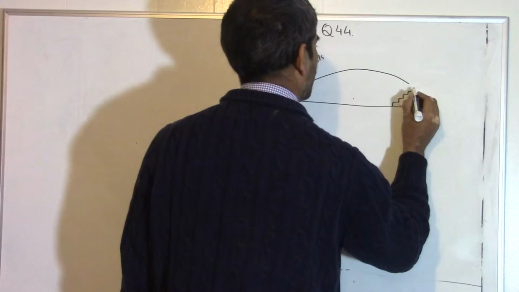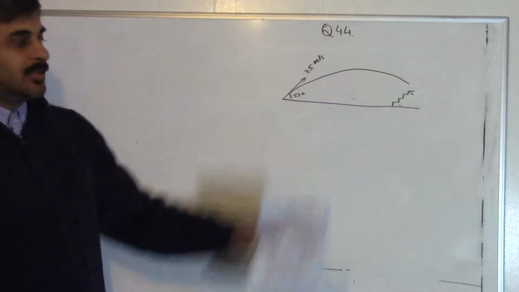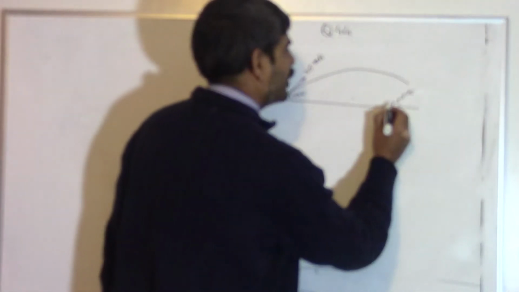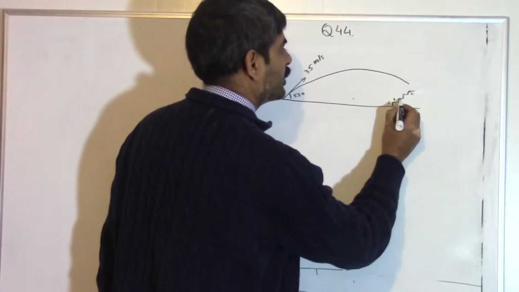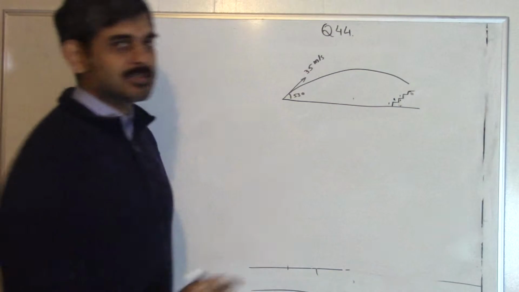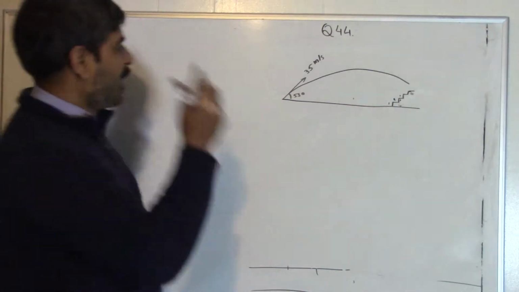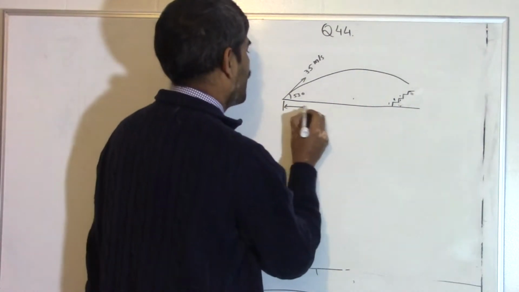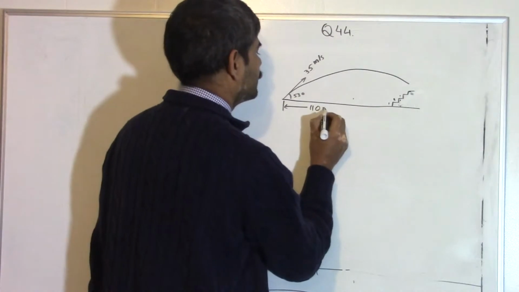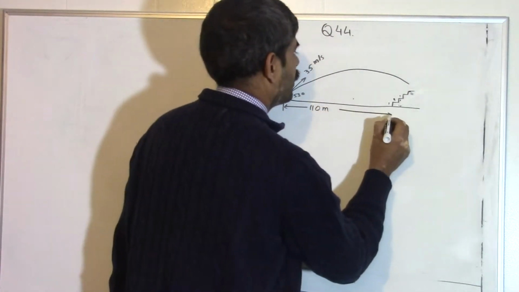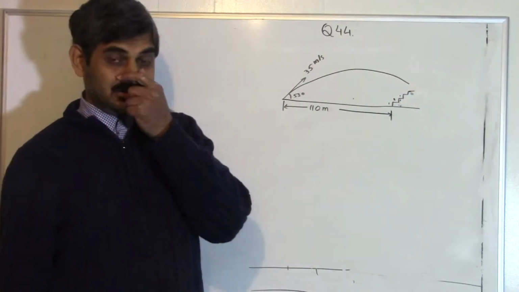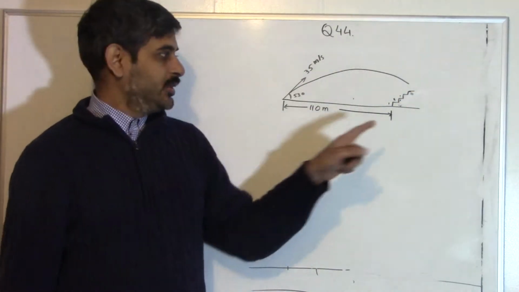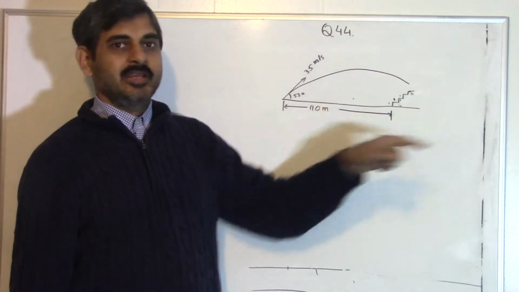These stairs, I'll make it larger, have 1 meter height and 1 meter width, then 1 meter like this. These are the stands. This distance is given as 110 meter. So it's going to strike one of these stands in this gallery, and we need to find out which one it hits.